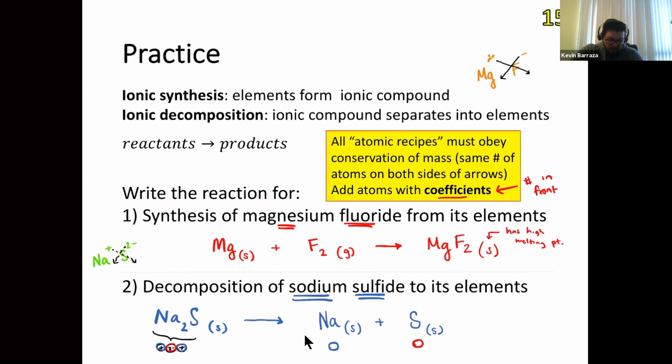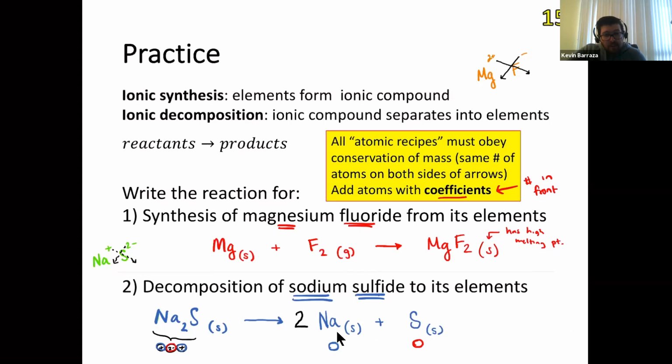And so for that reason, we put a number in front to make sure the numbers add up. And in this case, we put a 2. 2 sodiums inside this substance become 2 sodiums outside of the substance. That's what we call conservation of mass. Atoms need to be present on both sides. They can't just disappear. They can't just reappear.